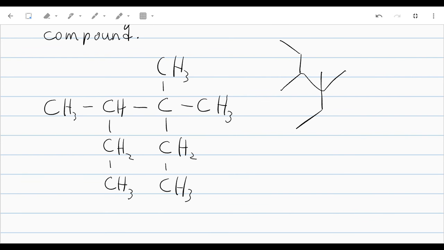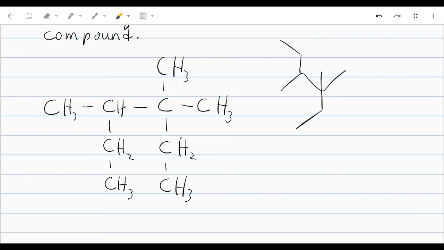First thing we always have to do when we're naming a compound is find the parent chain. Now, the instinct sometimes is, oh, it's just going to be a straight line across, or if it's a line diagram, it's going to be a zigzag across. But that's not the case. You have to look carefully and see where is the longest possible chain.